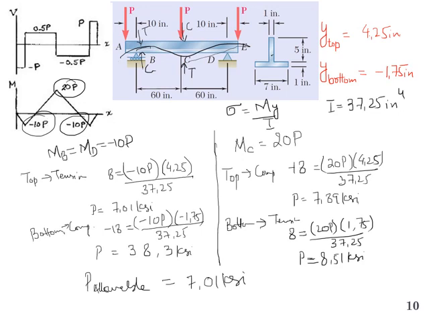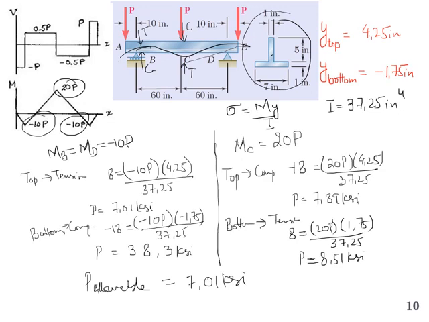Now, if you look at that, the moment was not maximum at the critical point. 20p is the maximum moment, but due to the orientation of the cross section, the maximum stresses are at B and D, and that is in tension.